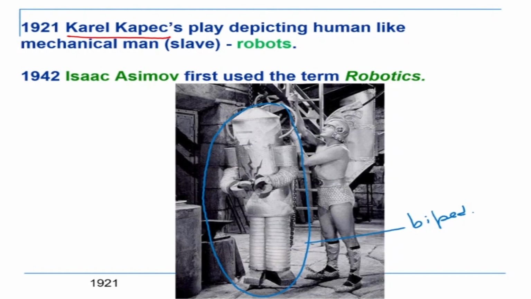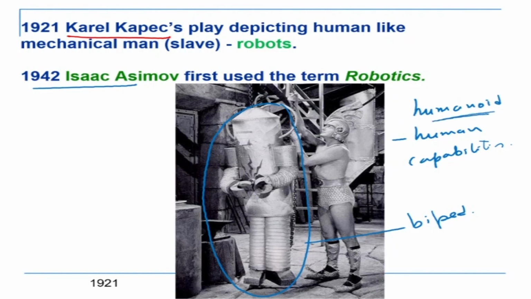Now, Isaac Asimov, in 1942, wrote most of his science fiction stories also considering humanoid robots, humanoid robots having human capabilities. Like they can do tasks and they can think, they have some amount of AI and things like that. So this concept of humanoid biped is not new as far as science fiction and Karl Capek are concerned.